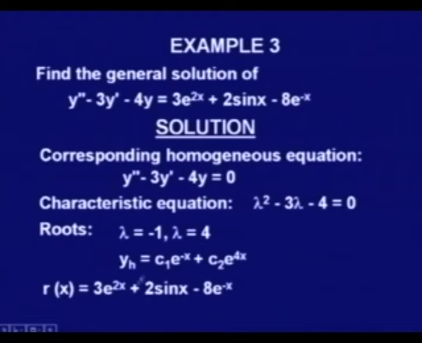Now, we see the right hand side. Right hand side r(x) we have 3 times e to the power 2x, 2 sin x, minus 8 times e to the power minus x. Now, if you do remember our table, for e to the power gamma x, we take C times e to the power gamma x. So, here I have to choose one y_p as e to the power minus x, and that is here again a solution corresponding to one root.